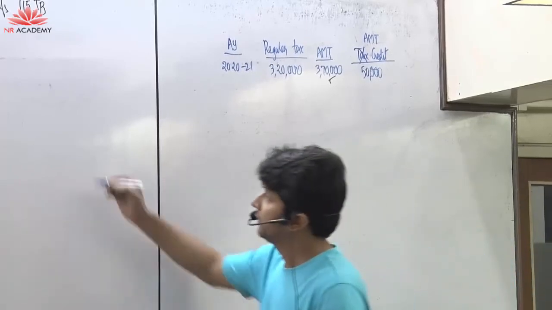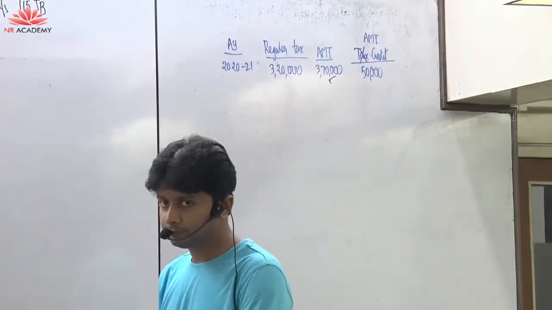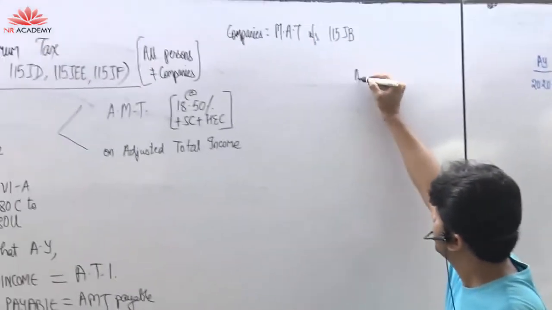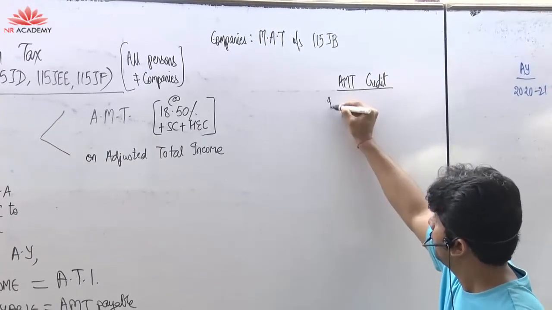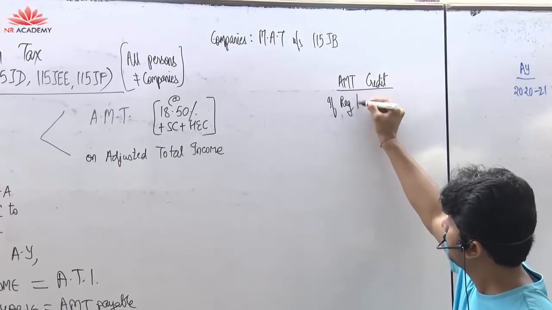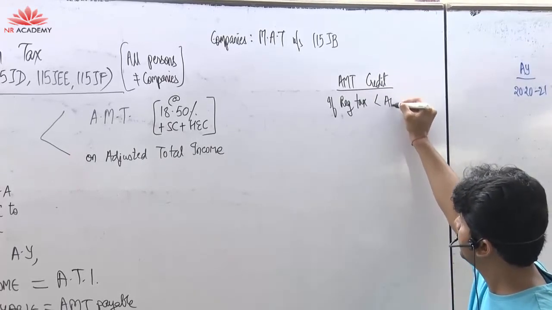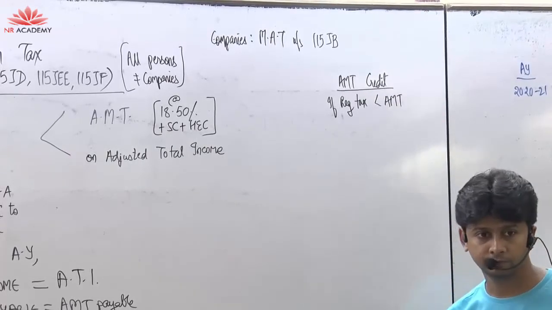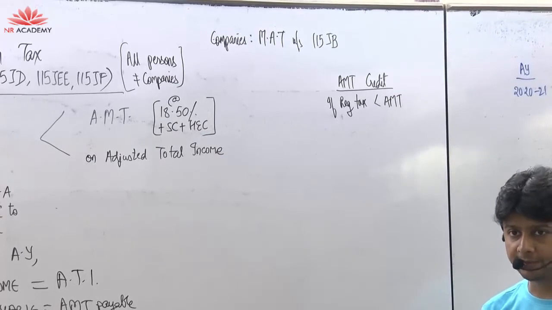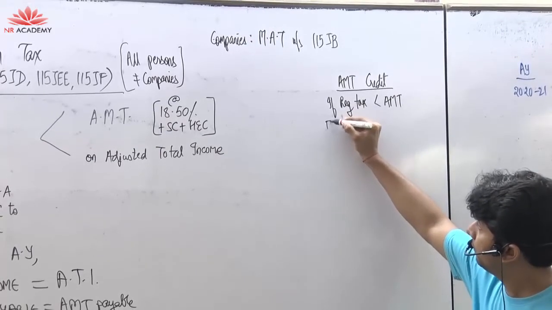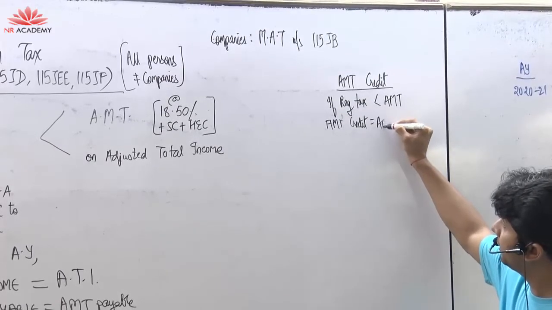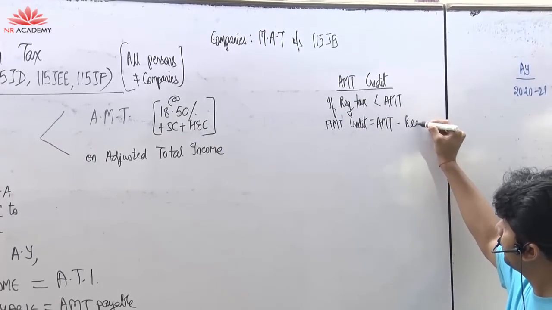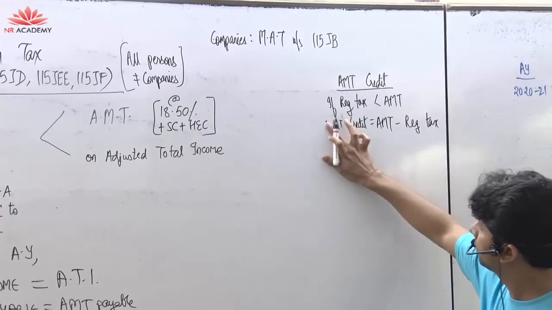This means that now the provision that is created is, if regular tax is less than the AMT amount, then you are going to pay AMT, but the extra that you have paid will be your AMT credit. That means the AMT amount minus the regular tax.